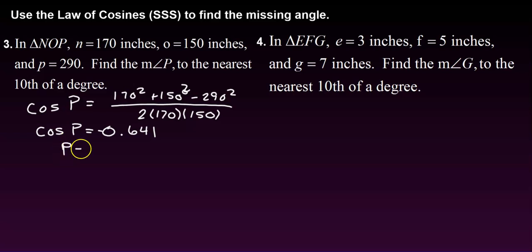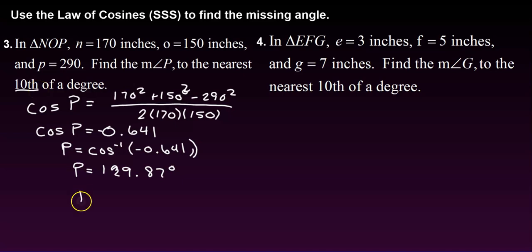So P is equal to cosine inverse of negative 0.641. And so P is equal to 129.87 degrees, but they want us to round to the tenth of a degree, so P is equal to 129.9.